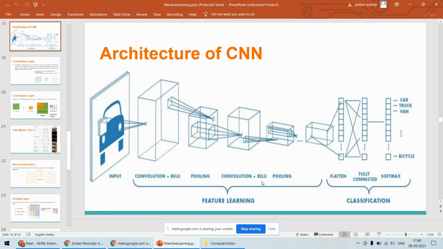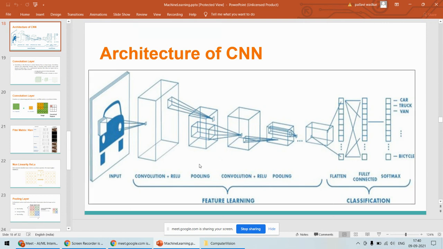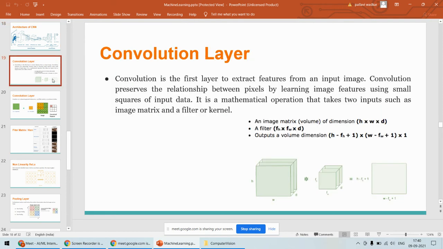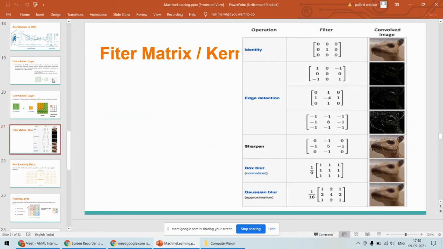So for feature learning, you can have multiple convolutions and multiple poolings, one after another. That can be a multi-stage convolutional neural network. Sometimes up to 18 or 16 layers can be there in a convolutional neural network. We will discuss that later on. But now we have understood what is convolution, what is ReLU, and what is pooling.